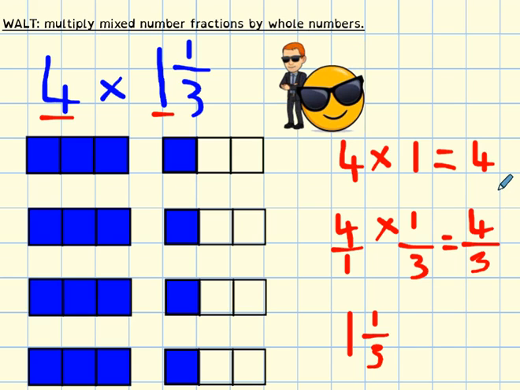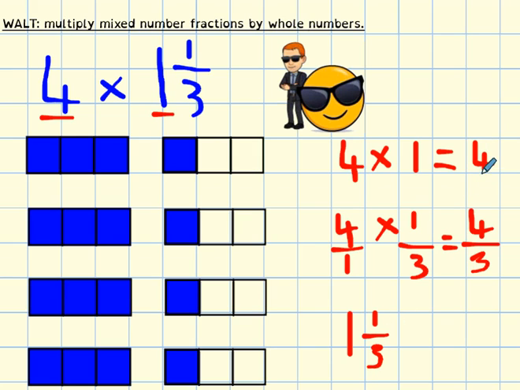So just to recap, step 1, multiply the 2 wholes. Step 2, multiply the whole by the fraction. In this case was 4 lots of something. Then you need to convert it to a mixed number fraction if it gives you an improper. Sometimes it will, sometimes it won't. And then finally, once you've converted it, if you need to add your 2 final answers together.